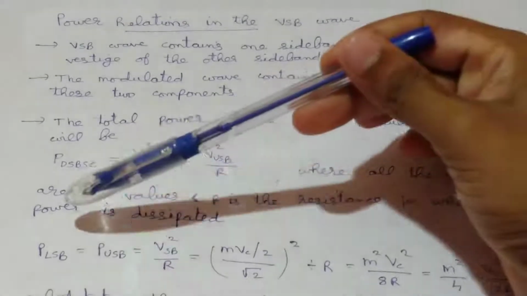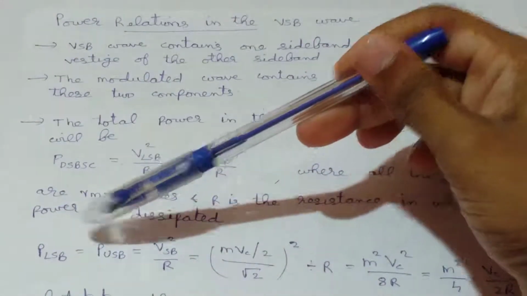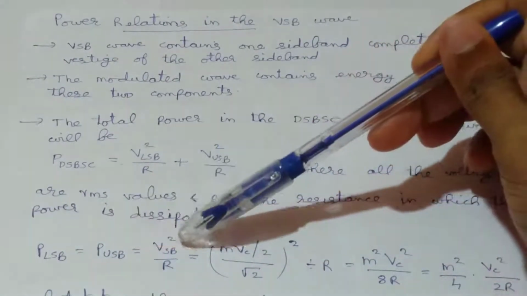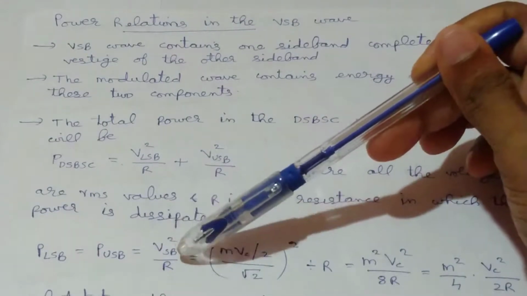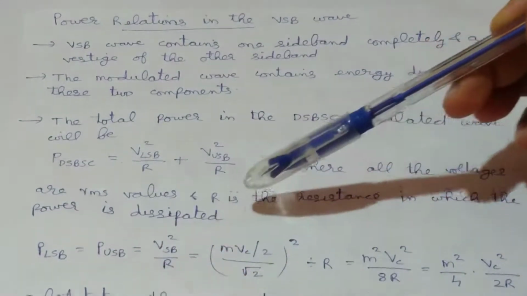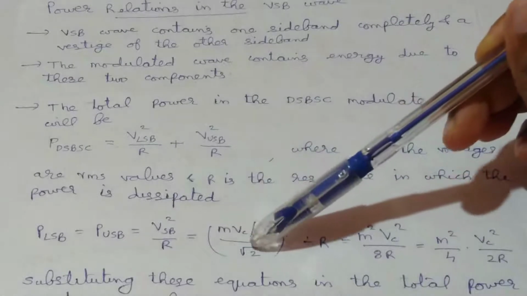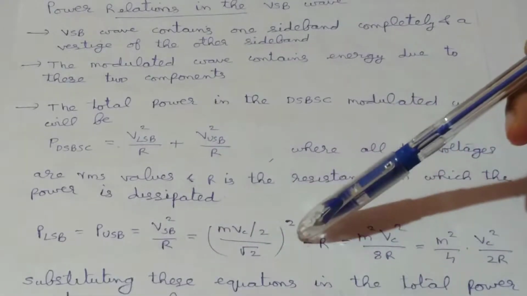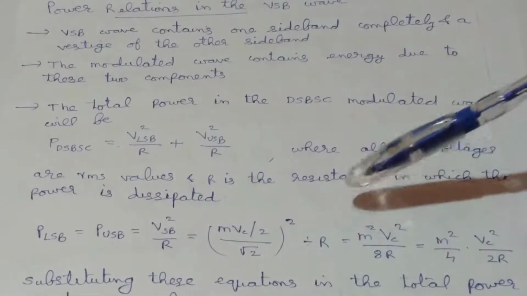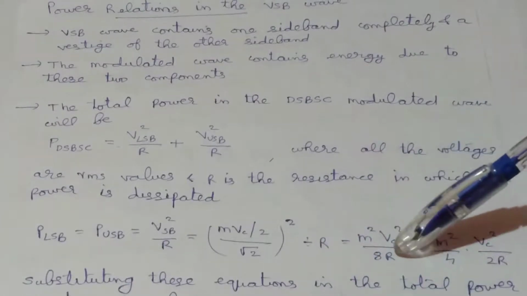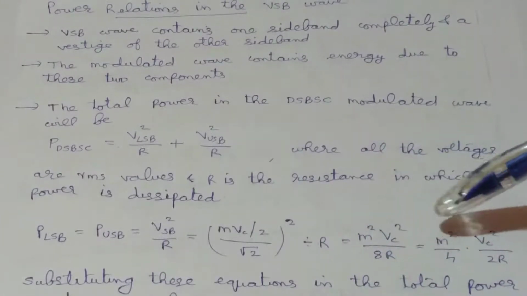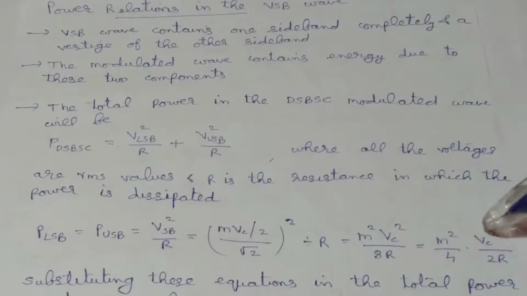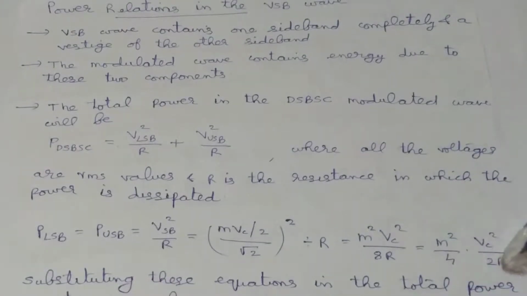Then we know P LSB is equal to P USB is equal to Vsb square divided by R, and that is equal to MVc by 2 divided by root 2 all square divided by R, and that is equal to M square Vc square divided by 8R, and that is equal to M square by 4 into Vc square by 2R, and we know this Vc square by 2R is equal to Pc.